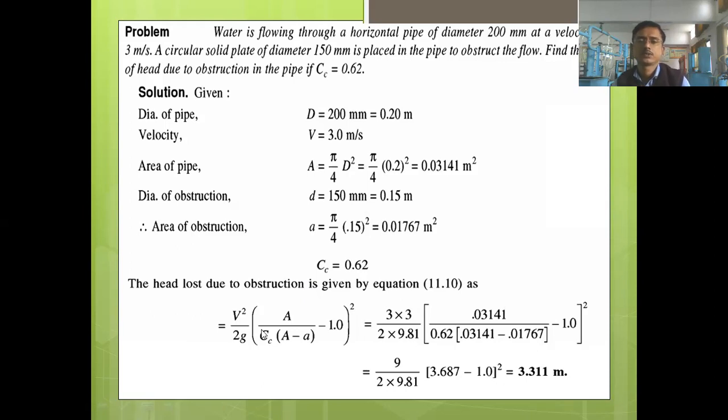Put the values in the formula and find the answer. Whether you are getting the same answer or not, let me know.